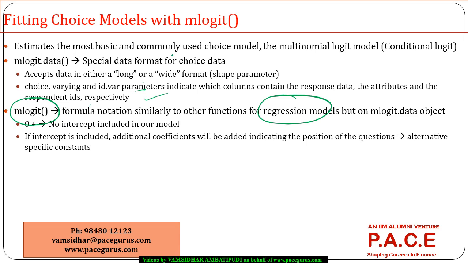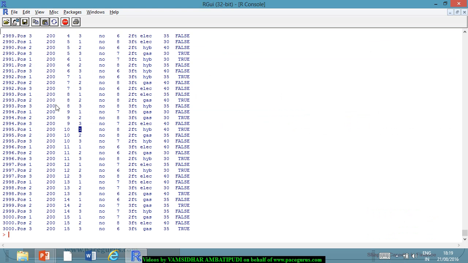If intercept is needed, I'll not put this 0 plus, but if intercept is not needed, I'll put this 0 plus into my model. So let me create two models here. Choice underscore no intercept model, wherein I'll take it as mlogit.